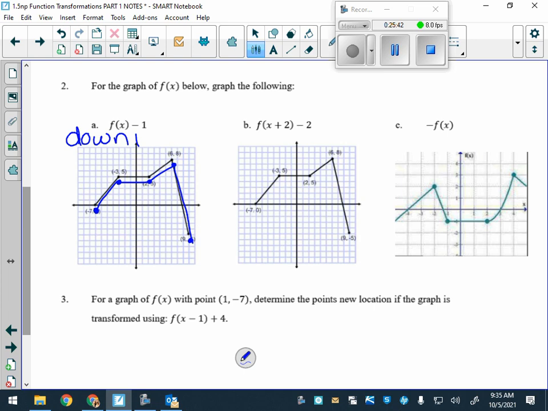Okay. In B, what transformations are happening? Good. Left 2, down 2. Okay. So focus on the key points that are given to you. We'll just do the first one and then you guys are doing the rest. -7, 0 will now become what?